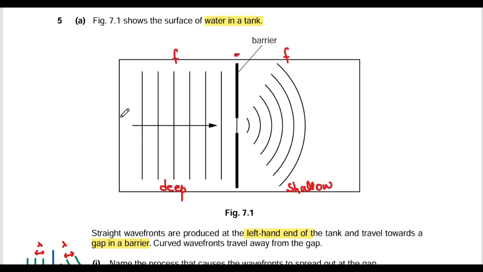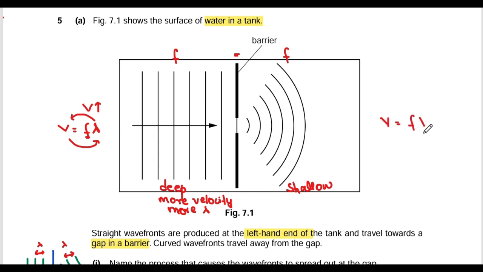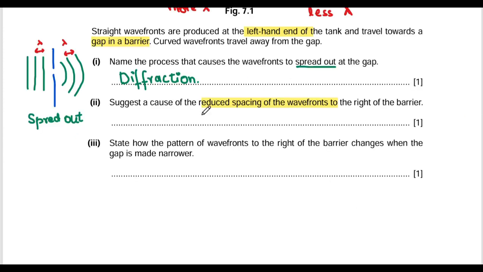What changes is the speed of the waves. Speed in deep water is greater, and in the wave equation, if speed is greater, wavelength is greater. So over deep water we have more speed of the waves. That's why we have more wavelength. And in shallow water, the velocity of the waves is lesser. That's why the wavefronts come closer together, because if speed is less, the wavelength is less.